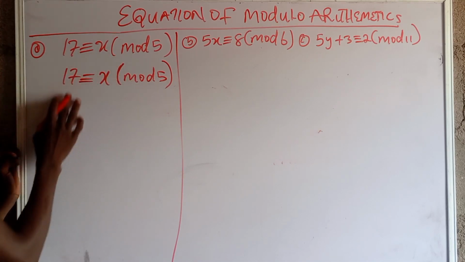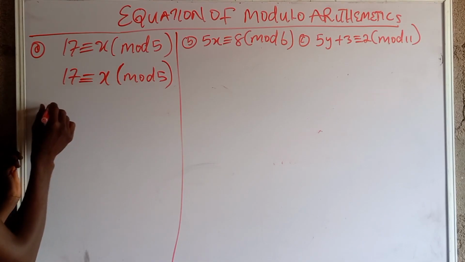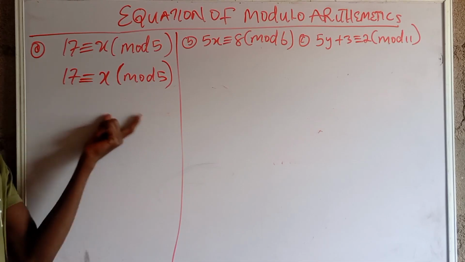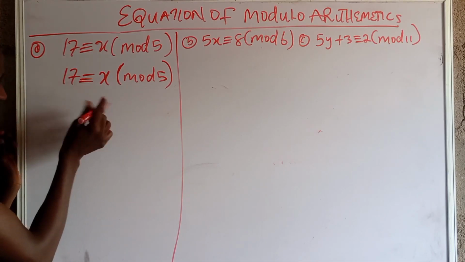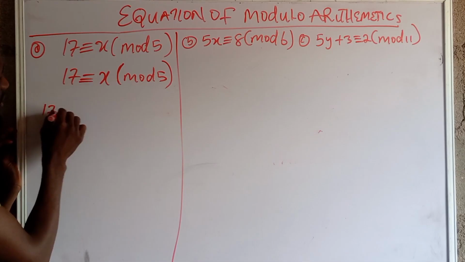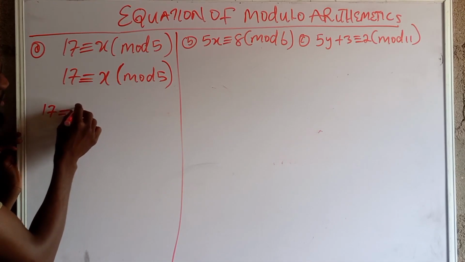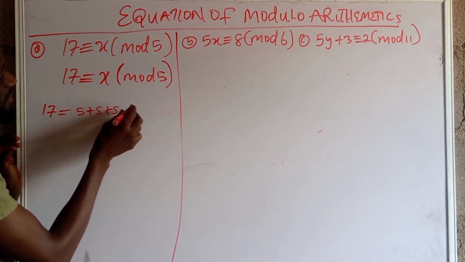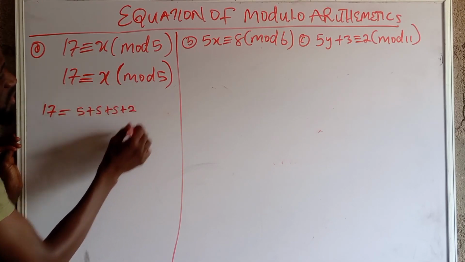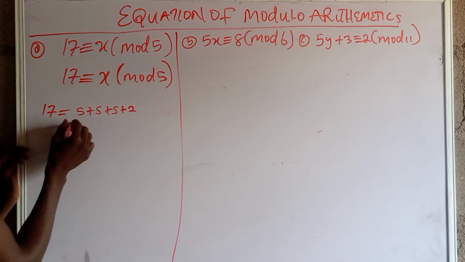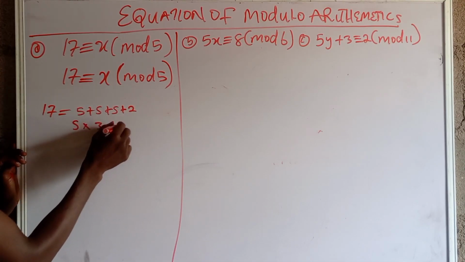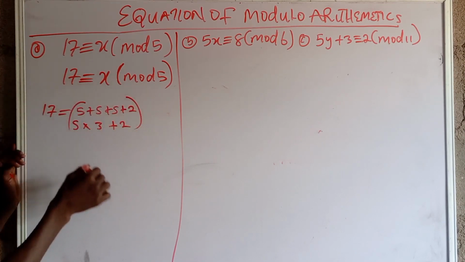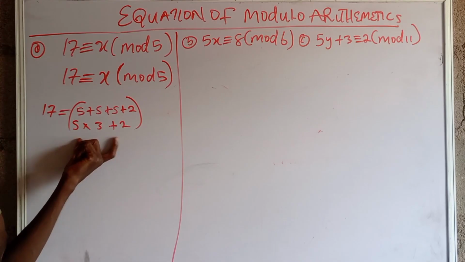For you to get 17, how many 5s do you have in 17? The remainder is the modulo. We have 17 equals 5 plus 5 plus 5 plus 2, or we can say 5 times 3 plus 2.